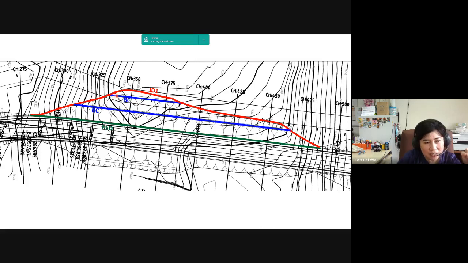Then depending on the slope of this bench drain, for example, if it's flowing from left to right, then the water will flow out into the interceptor drain. It won't go into the bench drain below it. So for the bench drain here, the area of drainage is this part here, the part that will be draining into this drain.